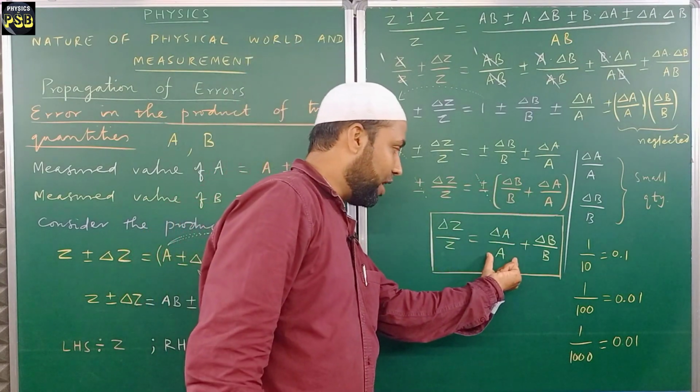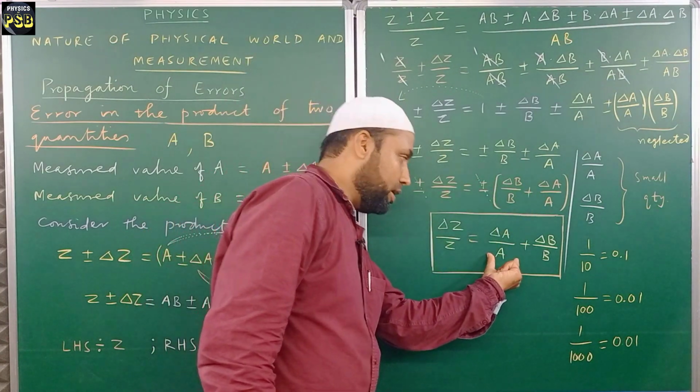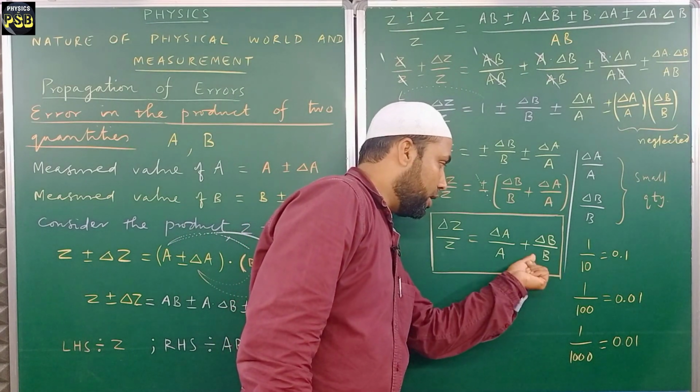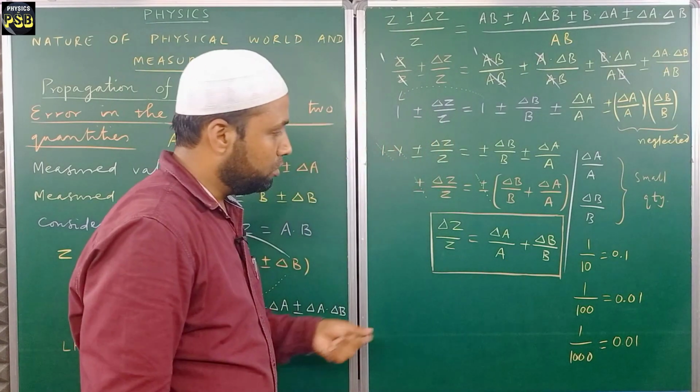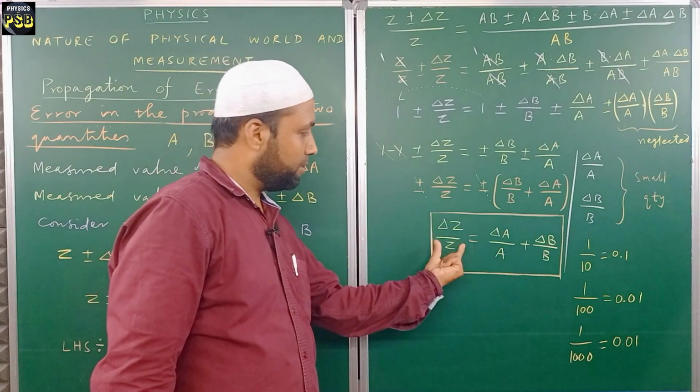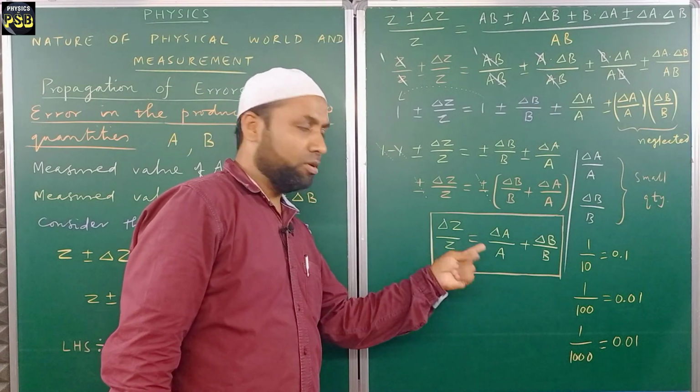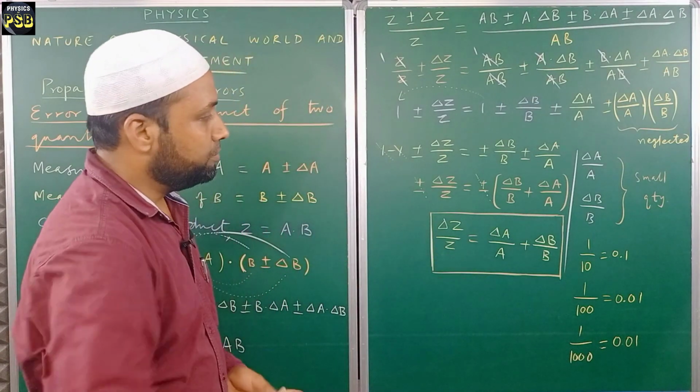Okay, this is the fractional error of quantity A, this is the fractional error of quantity B. Now on adding these two, we get delta Z upon Z. This is the fractional error in the product of these two quantities.